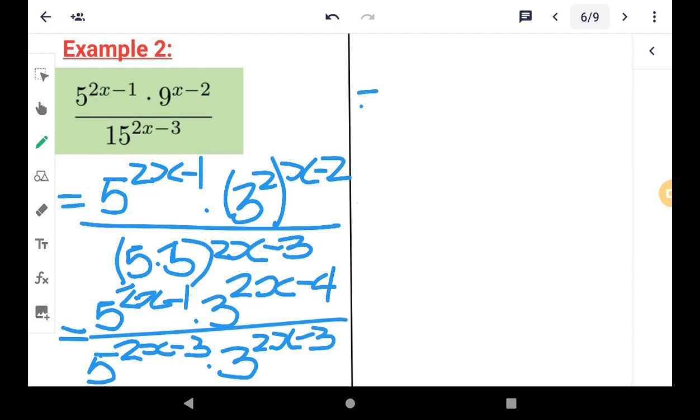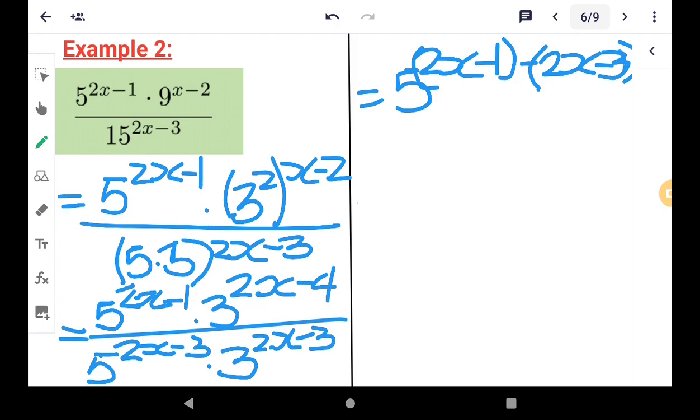And that is equal to 5 to the power of, notice that you've got powers divided together of the same base. So you've got your 5 there, powers of 3 there. Now you remember, you subtract. So that is 5 to the 2x minus 1 minus the exponent of the power at the bottom, which is 2x minus 3.